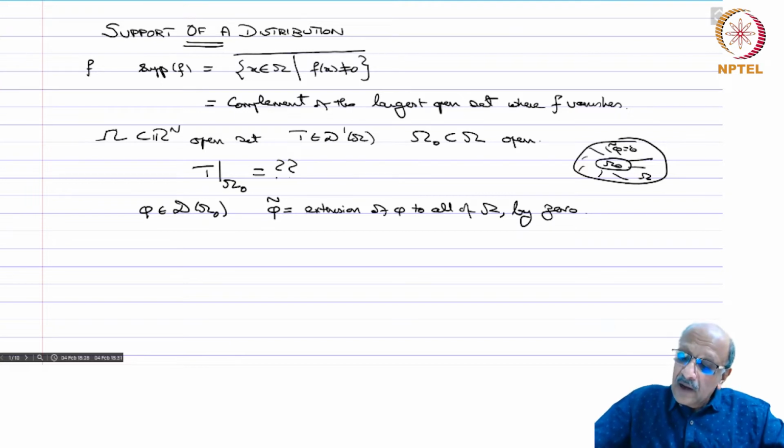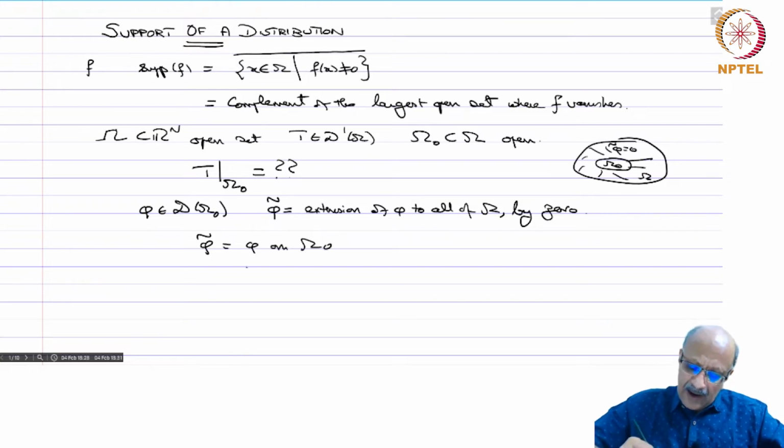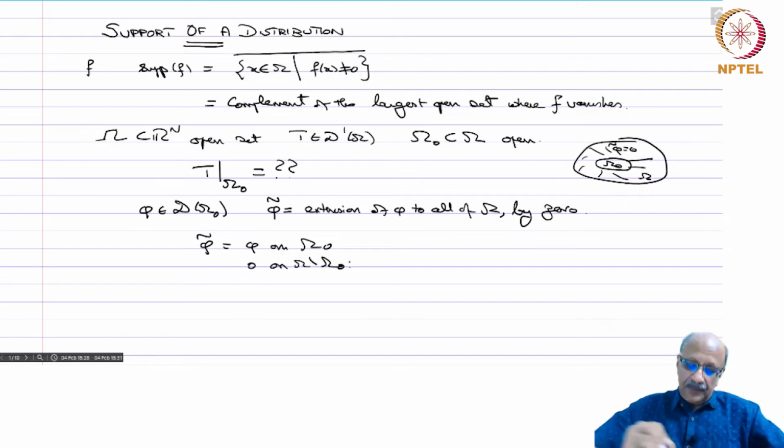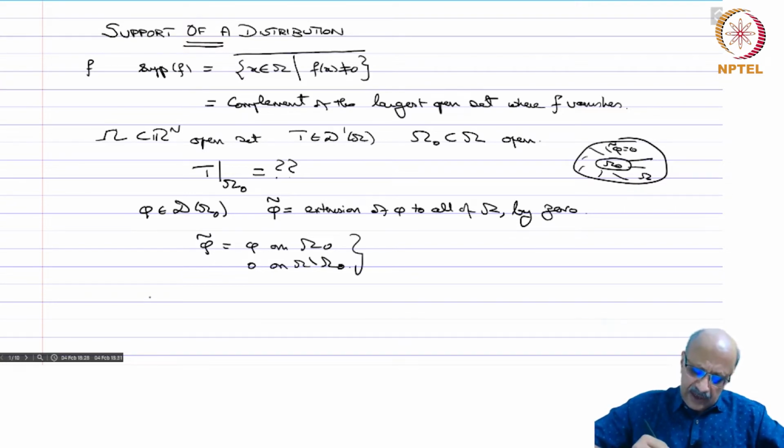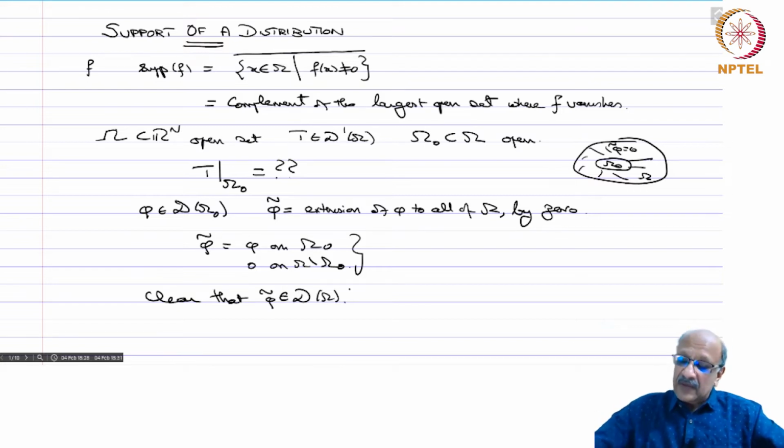So phi tilde equals phi on omega naught and equals 0 on omega minus omega naught. Now it is clear that phi tilde belongs to D of omega, because all that we have done is extend it by 0.